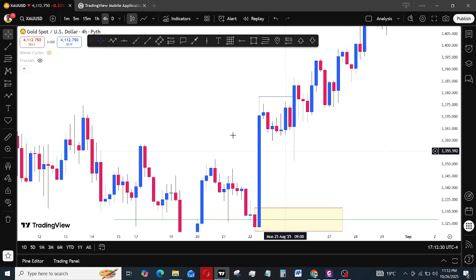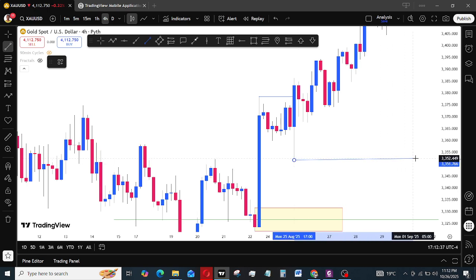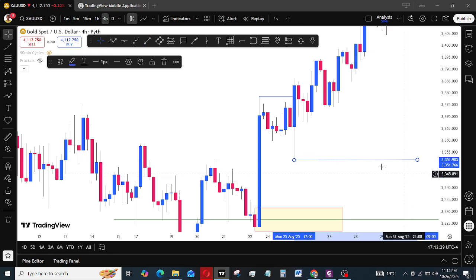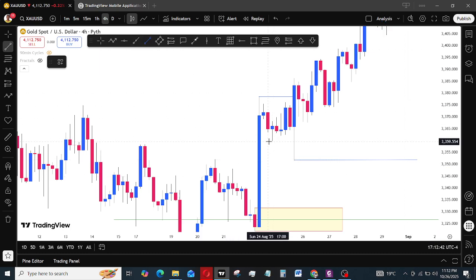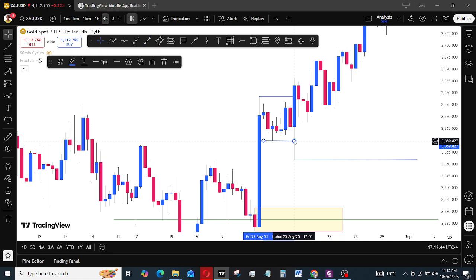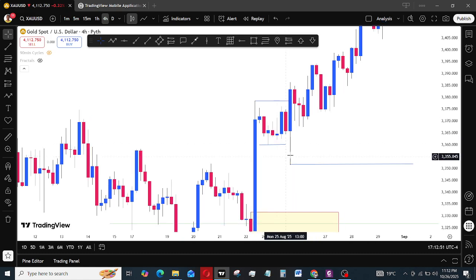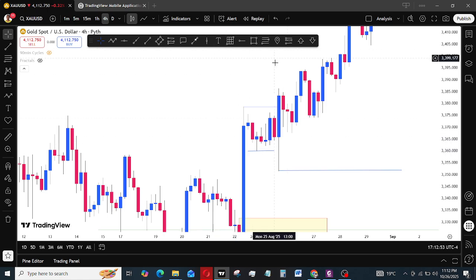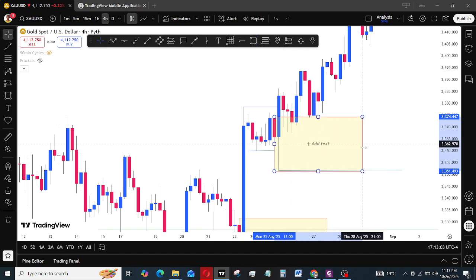When we look at this point, we see that this candle has swept liquidity which was resting around here, and then after going up it formed what we call a strong order block around this area.